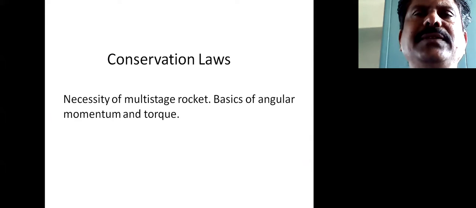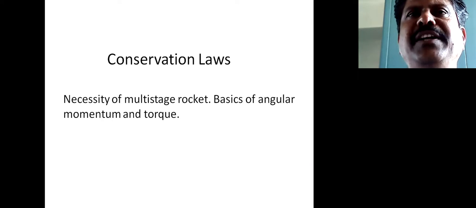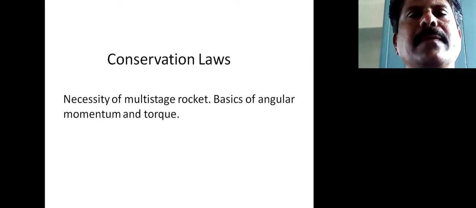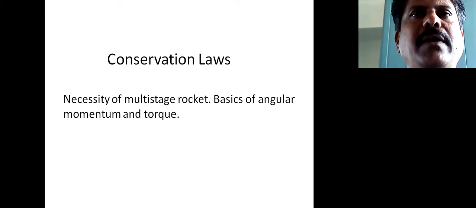In your previous class, we discussed how linear momentum gets conserved in the case of variable mass. In that, we derived one expression, the expression for the velocity of a single stage rocket.